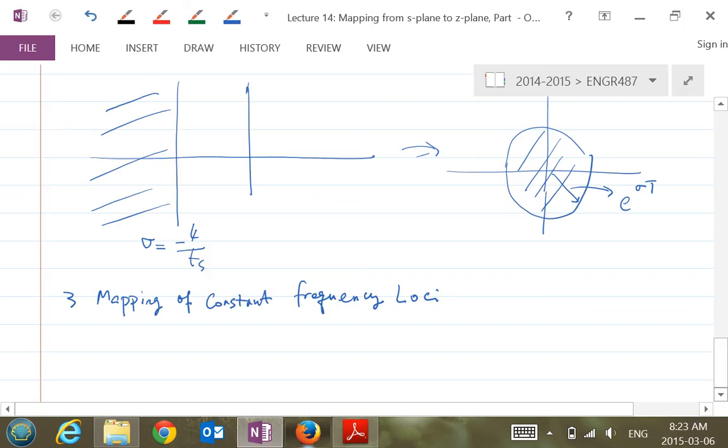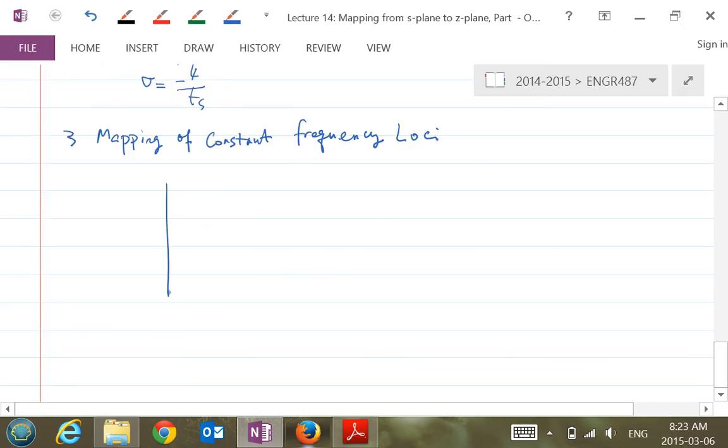So what is a constant frequency loci? Here is the S plane, and this is j omega, and this is the sigma axis. Constant frequency comes from your s, the pole, equal to sigma plus j omega. This is your pole here. Constant frequency basically means this omega is a constant.